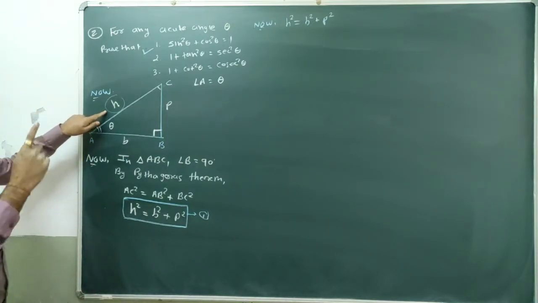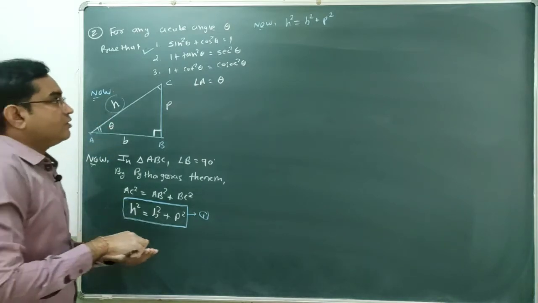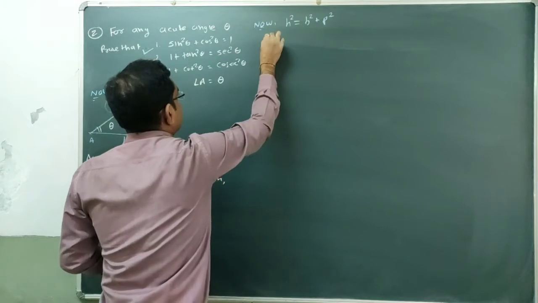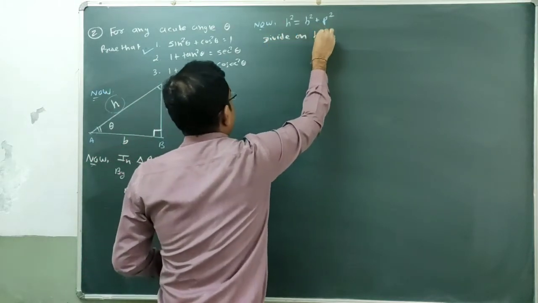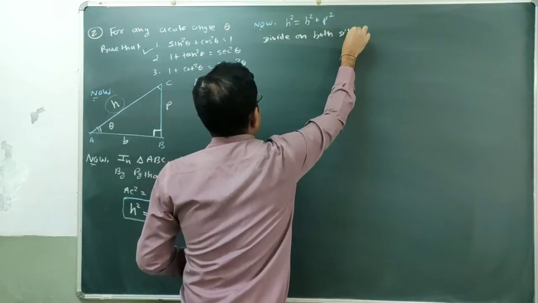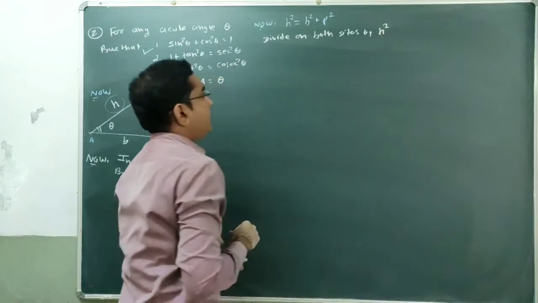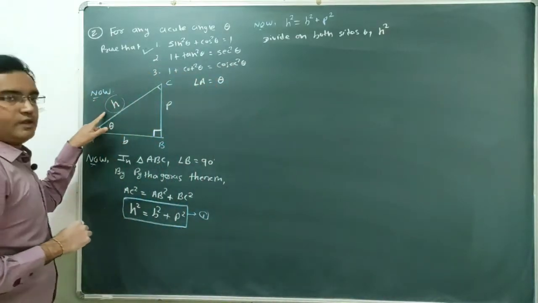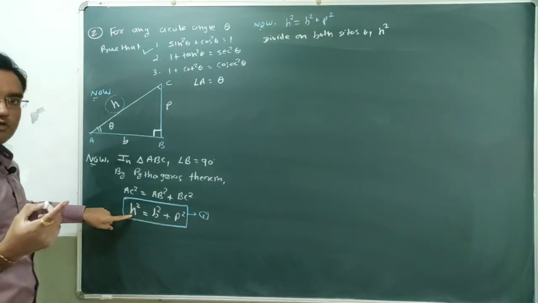How? Dividing this equation with the square of length of this first side. So divide on both sides by H square. If we can divide this equation by H square, first option.